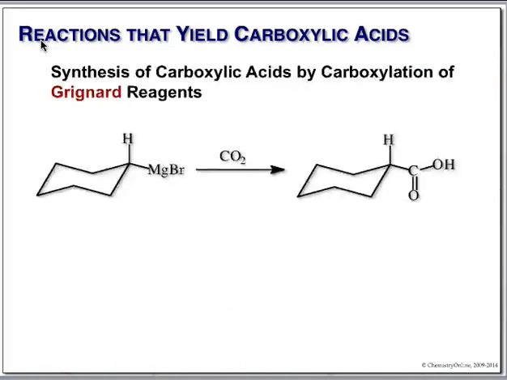Finally, one of the cutest ways to make a carboxylic acid from something like a bromoalkane is a Grignard synthesis. What you do is take your, in this case, bromocyclohexane, add magnesium, and make a Grignard reagent out of it. Now, the Grignard reagent we recognize as a carbanion, right?